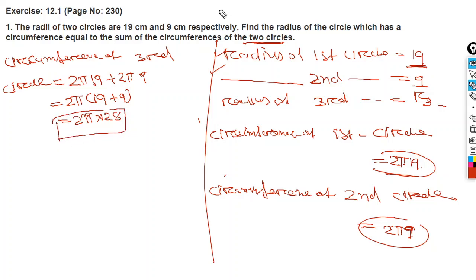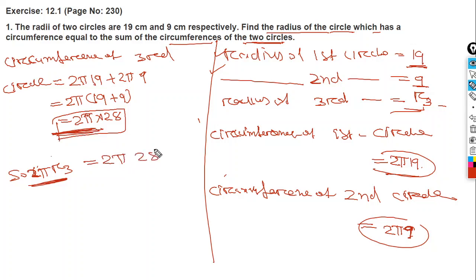Now what we have to find? Find the radius of the circle which has a circumference equal to the sum of the circumferences of the two circles. So we can say radius of the third circle is r3. So we can write 2 pi r3, this is the circumference of the third circle, is equal to 2 pi 28.